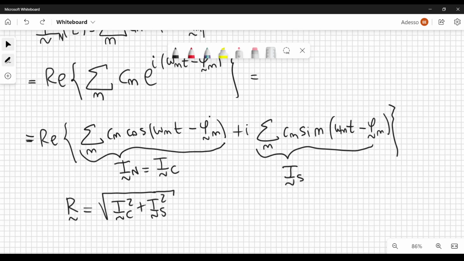And they are random variables because they contain phi sub n. And we know that this signal is Gaussian, and if we replace the cosine with the sine, we're not going to change the distribution. So I sub s will also be Gaussian with the same mean and the same variance, or standard deviation.